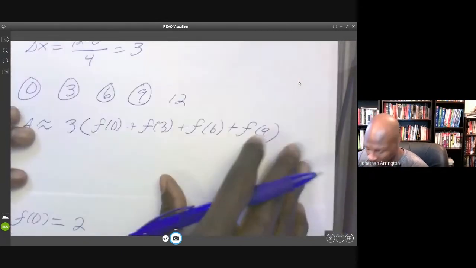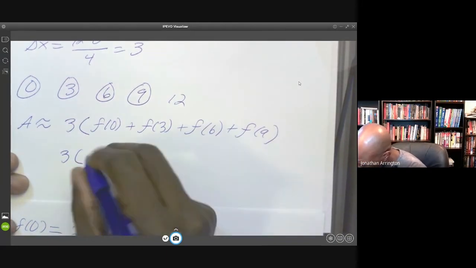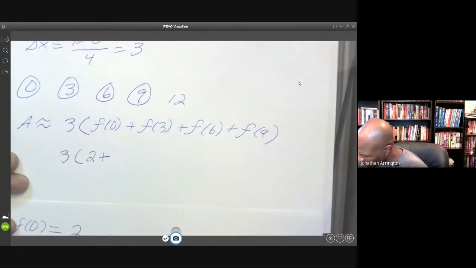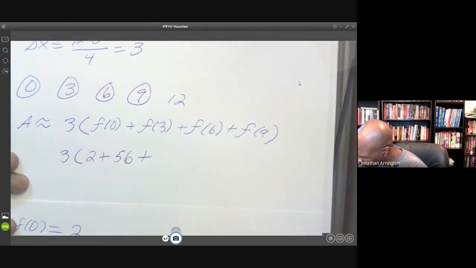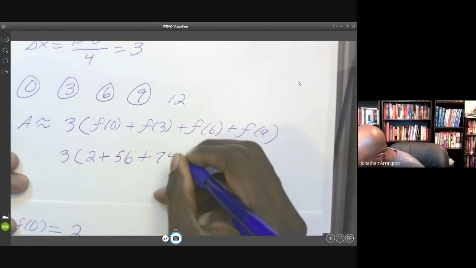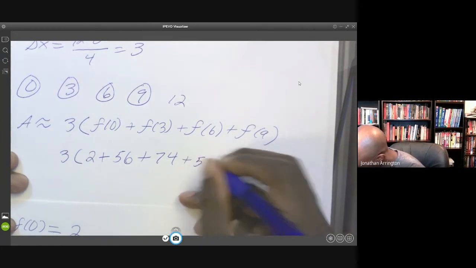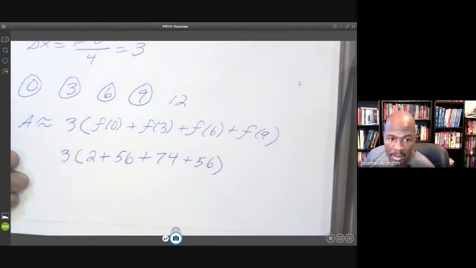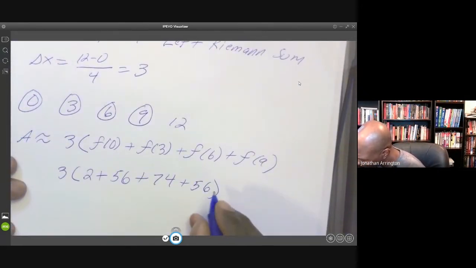So we have 3 times, so f of 0 was 2, and f of 3 was 56, and f of 6 was 74, and f of 9 was 56. Let's see the easiest way to do this arithmetic. I think it would be good to add those two numbers together first.